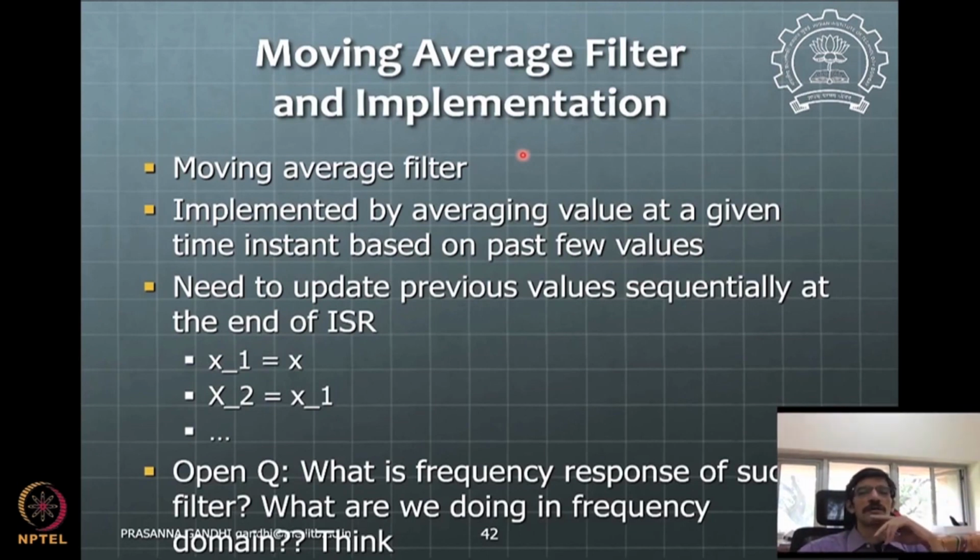Okay, and you need to typically update the previous values of the sample, and we have seen that the update can be done in this way. The one previous value will be the current value, then the second previous value will be the previous value. Like that we can go ahead and do the updates. Okay, these are the updates that we have seen when we implement derivative control. We need to do this updating of the previous value so that we are ready for the next sampling instance, for the derivative to be completed in the next sampling instance.